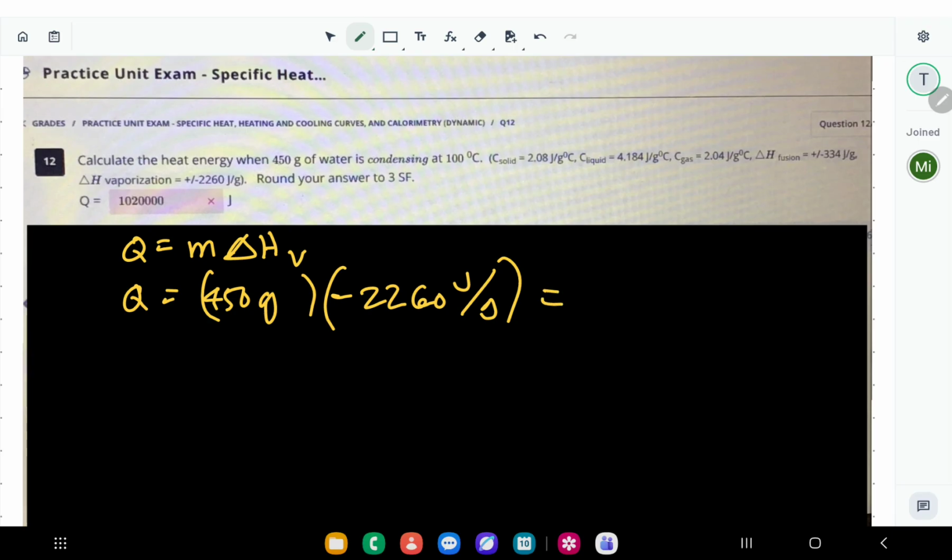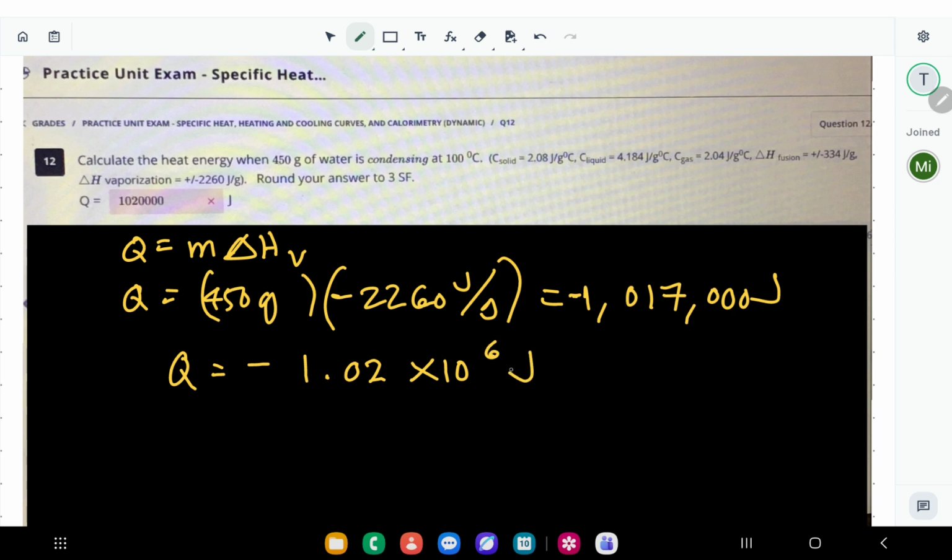So 450 times 2260 is 1,017,000 joules. Therefore, Q is negative 1.02 times 10 to the 6 joules.